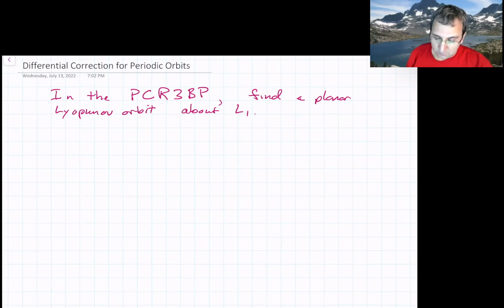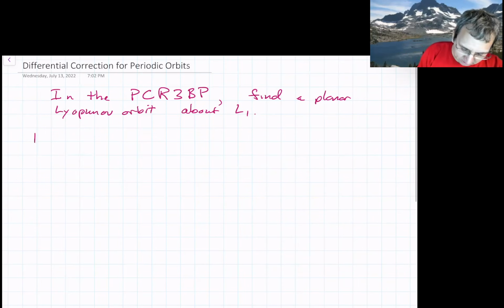But you saw how in an earlier MATLAB tutorial, I used the eigenvector approximation to find an initial guess of what an initial condition on the periodic orbit would be. And it wasn't perfect, but I guess you could say it was better than nothing.